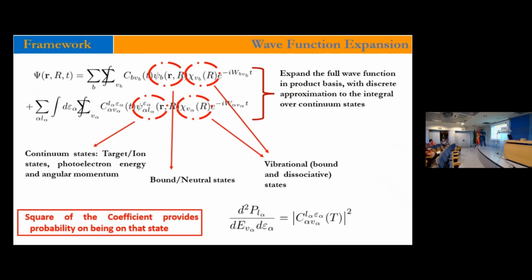Why this expansion? This expansion is very useful because at the end of the day, the coefficients provide direct access to the probability of being in these specific states. If you want the probabilities, you take the square of the coefficient. So you don't have to project your final wave function onto anything, because the information is already encoded in the coefficients.